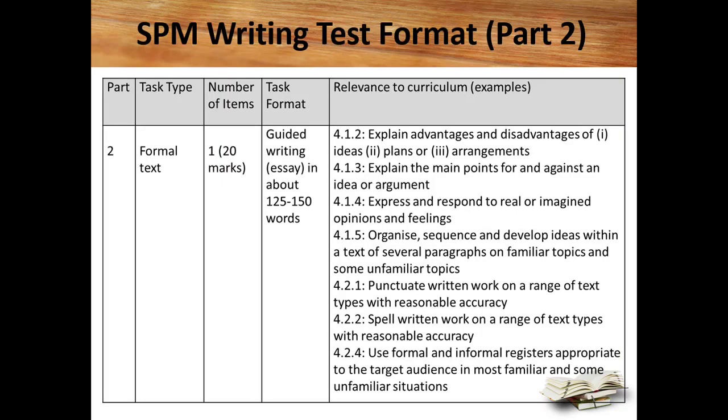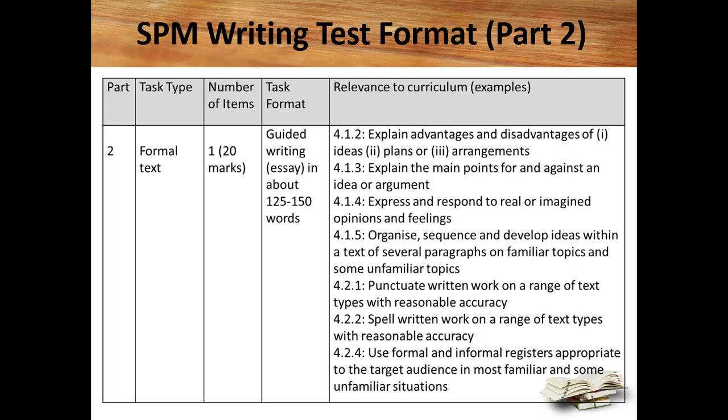Okay, here is the test format for part 2. Just now the task type was informal, but in part 2, it becomes formal text. Again, there will be only one question, so you have no choice. Again, 20 marks for you to answer this question.